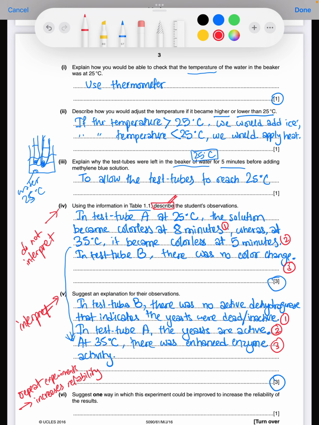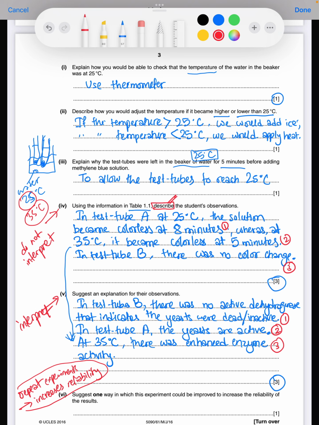This is a very easy thing to say, because as you can see in the experiment, they only did the experiment once with 25 degrees Celsius and once with 35 degrees Celsius. They did not repeat the experiment.